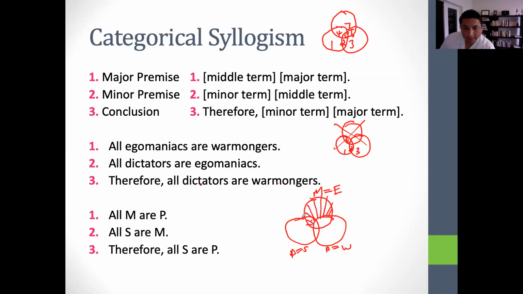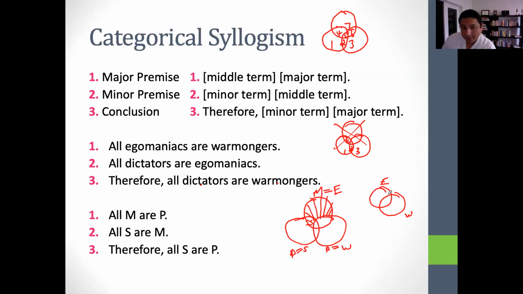Another way of looking at it is this. Take the first statement there. If you just had those two circles, you'd have to draw it like this.